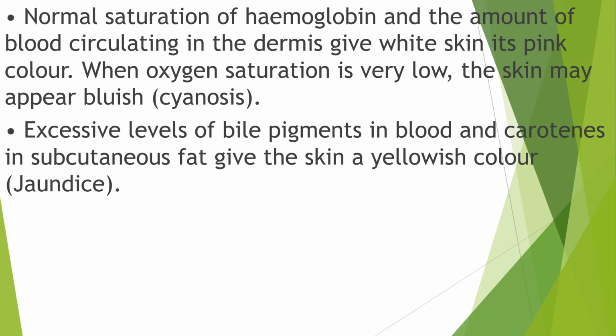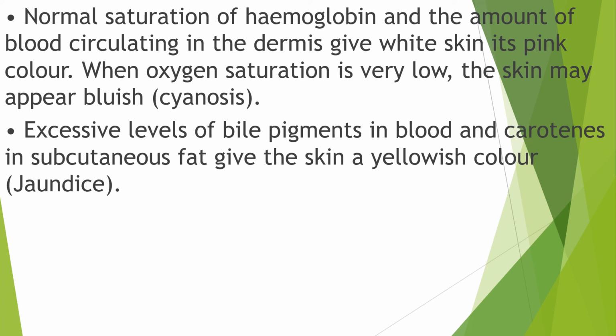Excessive levels of bile pigment in blood and keratins in subcutaneous fat give the skin a yellowish color. When a person has a condition whereby there is an excessive release of bile into the bloodstream, this will affect the skin. The skin will become yellowish in color.